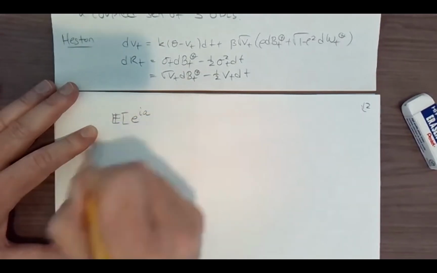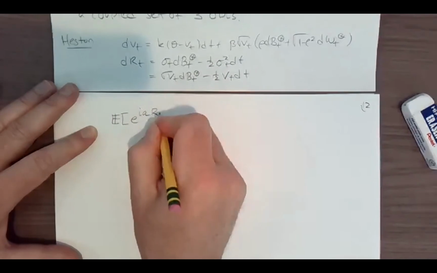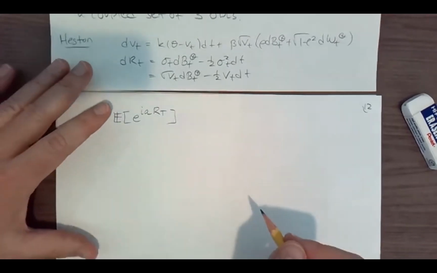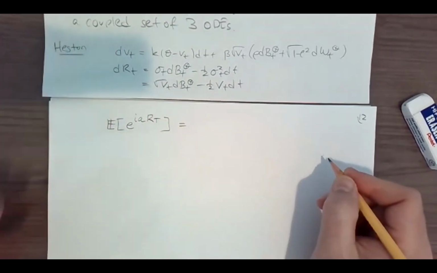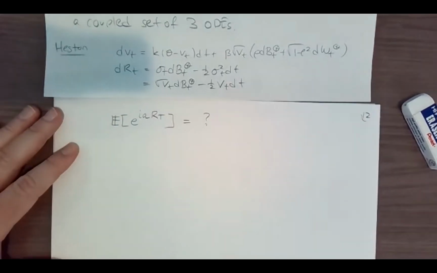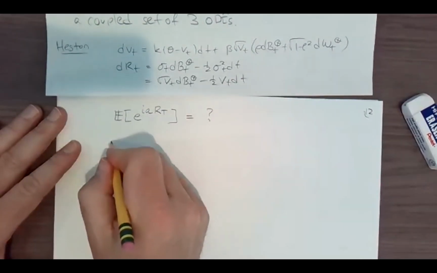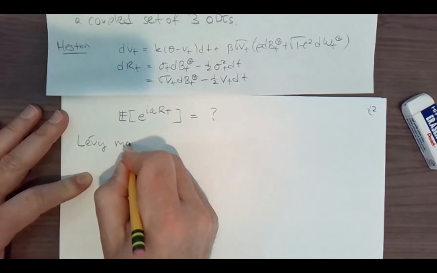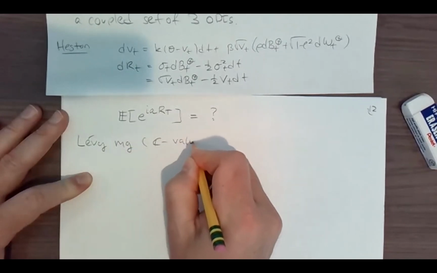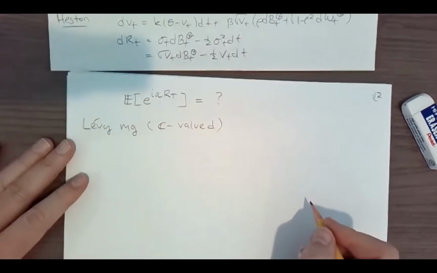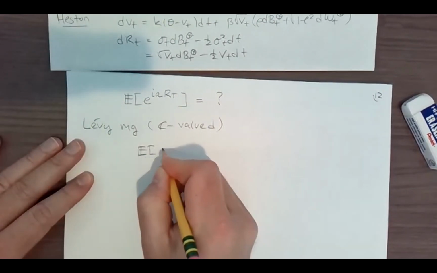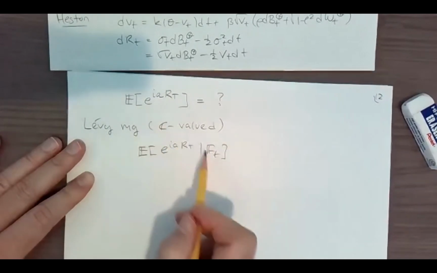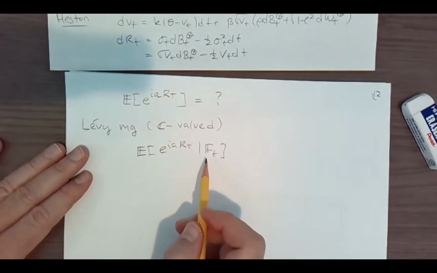Instead of T, I'm going to call this A, and then R capital T. So we have to come up with some sort of a very good guess here. What is this equal to? The way that we do this is by conditioning. So we look at a martingale, just like last time, a Levy martingale. This time it's going to be valued in the complex plane. We're going to be looking at a conditional expectation. This is why I'm switching A out with T, because I like to use little t as time.